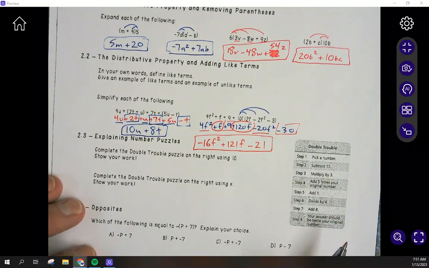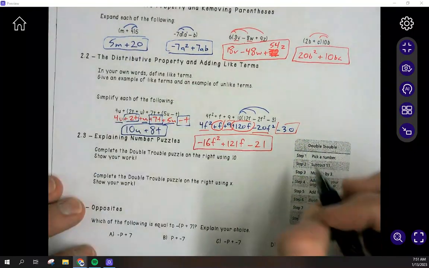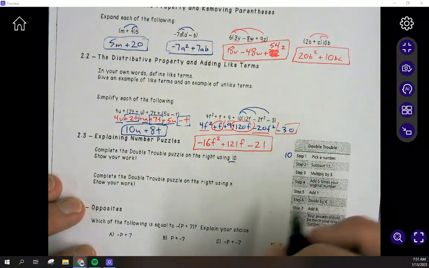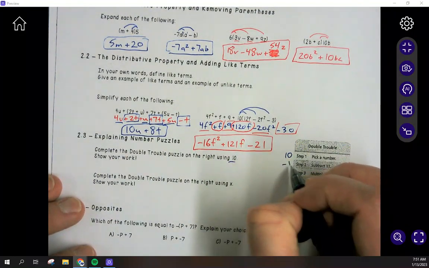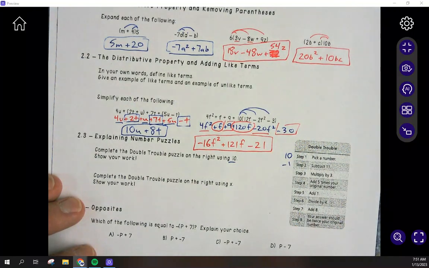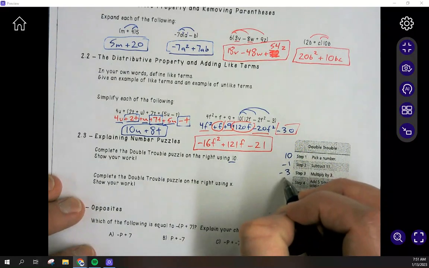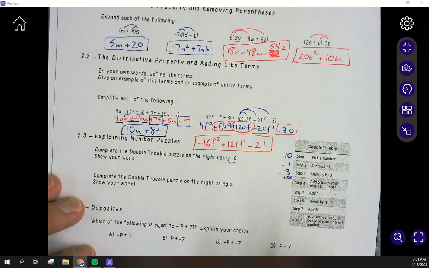So let's see what happens here. We're going to start by using 10 because that was the directions. Subtract 11. That's negative 1. Multiply by 3. That's negative 3. Add 5 times your original number. So my original number was 10. Okay, so I'm adding 5 times the original.